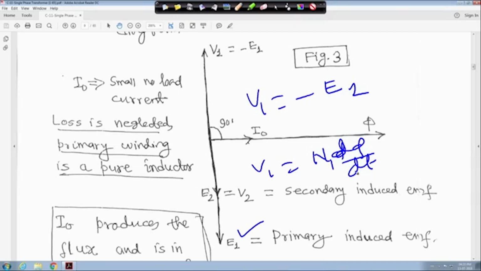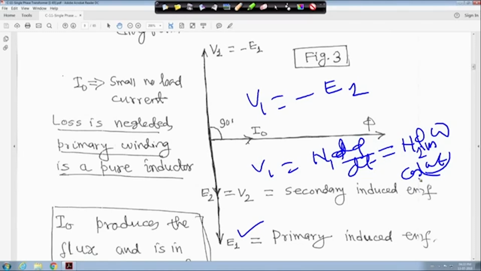So minus minus is plus, and V1 will be n1 d psi by dt. Therefore, V1 is equal to n1 times the derivative of phi m sin omega t. It will be n1, then phi m, then omega, then cos omega t. So that will be V1.